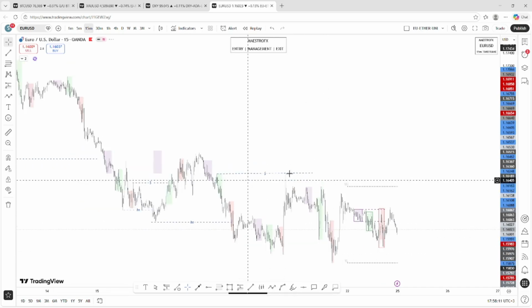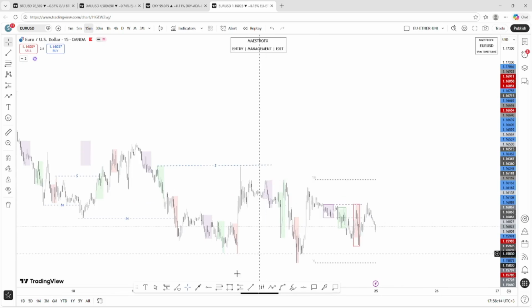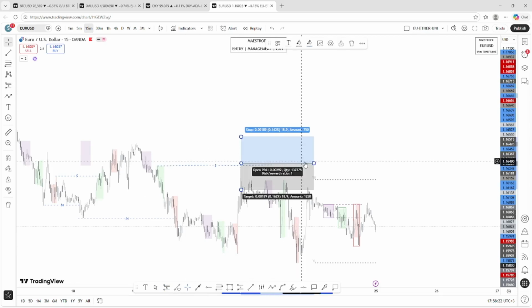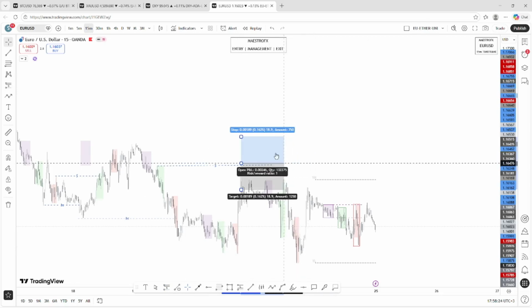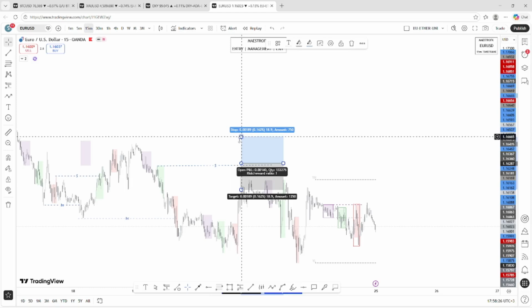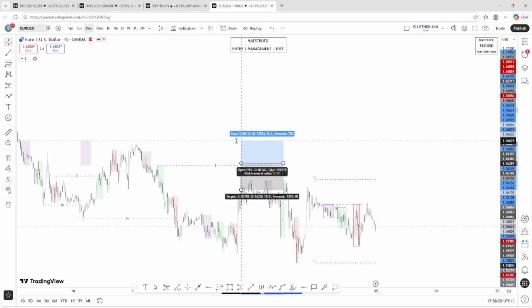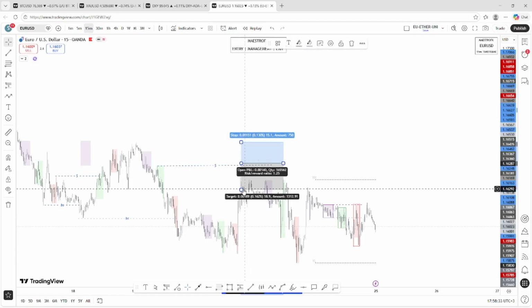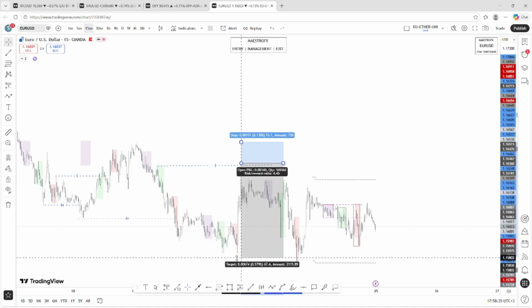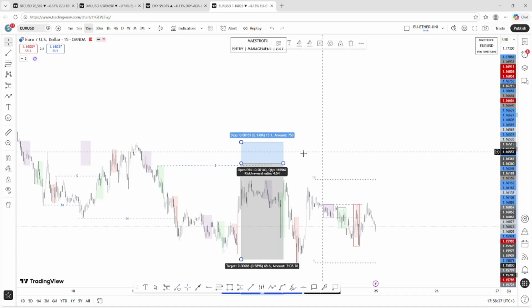Yes, I was anticipating that we could get this sweep of liquidity, and for us to get a good risk reward ratio before we continue. This is what I was looking for, the price to at least sweep that internal liquidity and then continue.